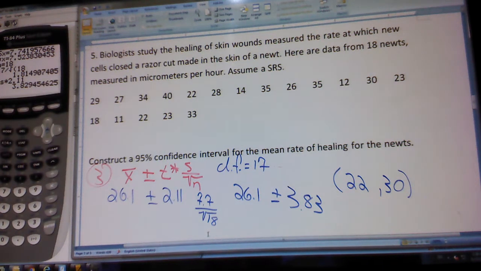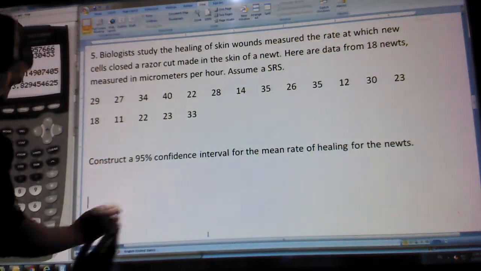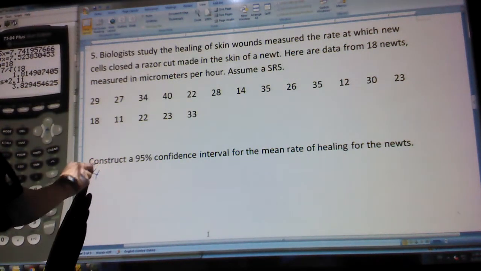That's step 3. Step 4 is the sentence that has a lot of stuff in it. Almost done. Step 4.